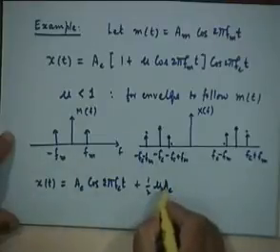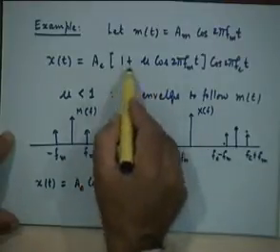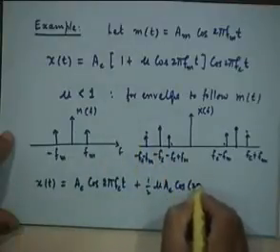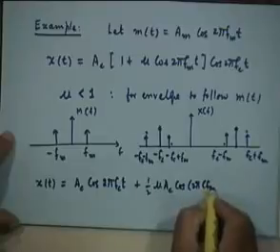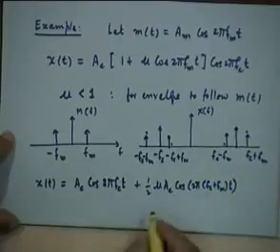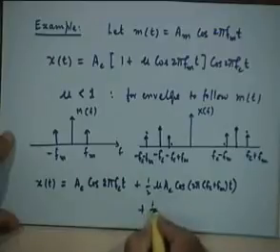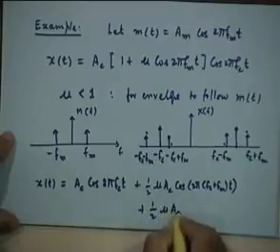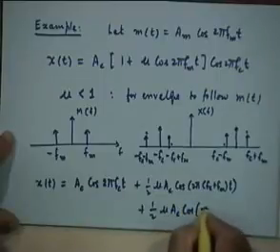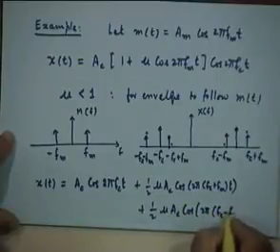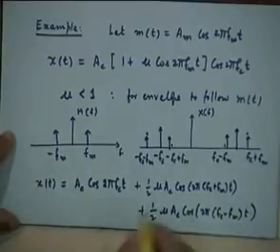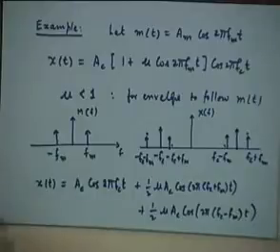The upper sideband will have an amplitude mu A_C by 2, and the signal there is cosine 2 pi (f_c plus f_m) t, right? Similarly, you have a lower sideband of amplitude half mu A_C cosine 2 pi (f_c minus f_m) t, right? Just by simple trigonometric identities you can write this.